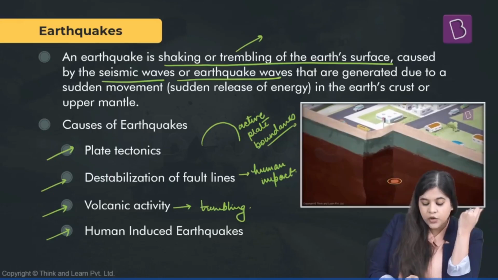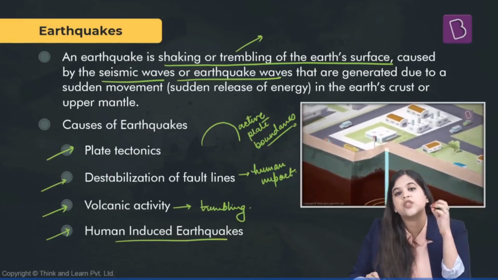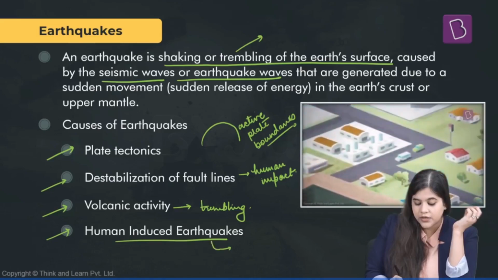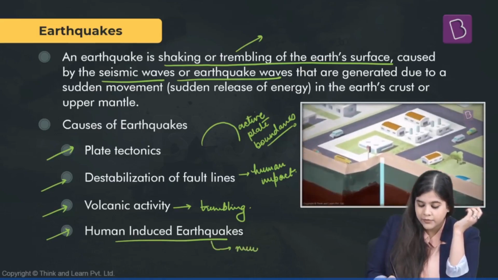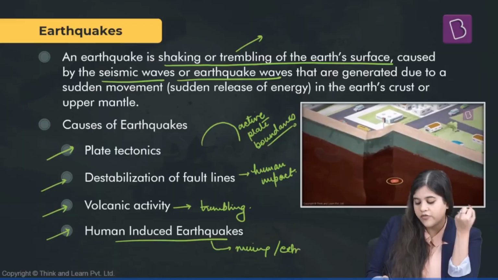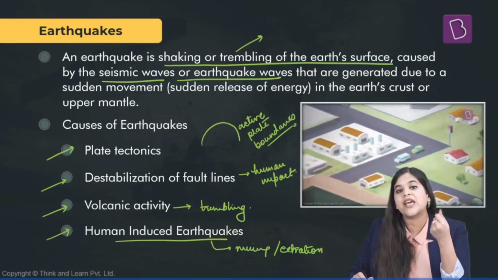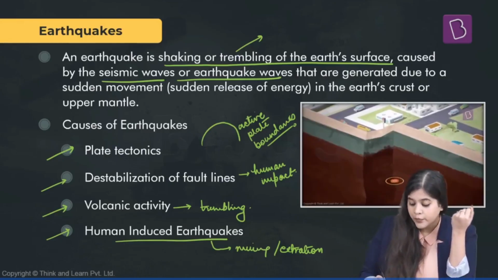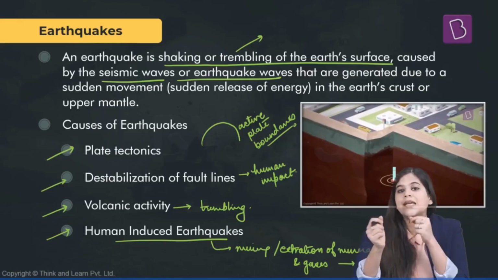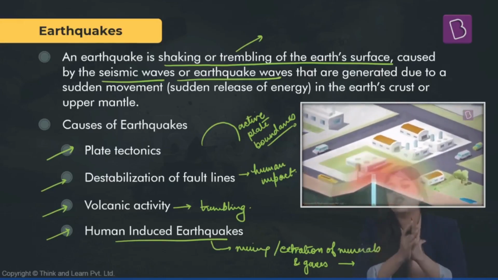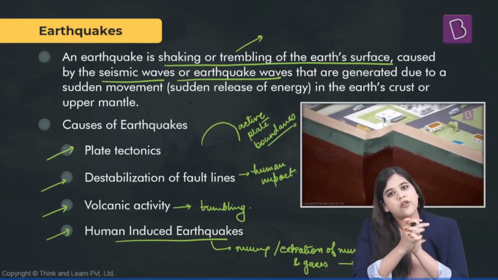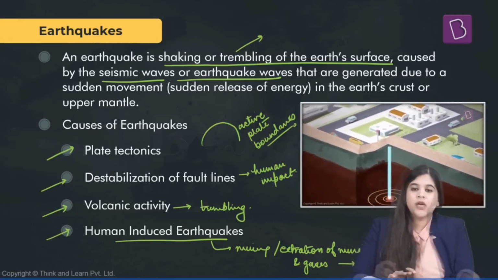And finally, there are human-induced earthquakes, which are caused due to human activities like mining, extraction of minerals and gases without refilling the cavities from where they have been extracted, or some activities related to construction which can change the configuration of any place.